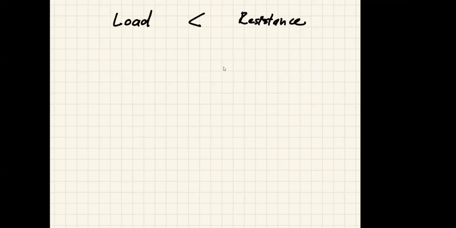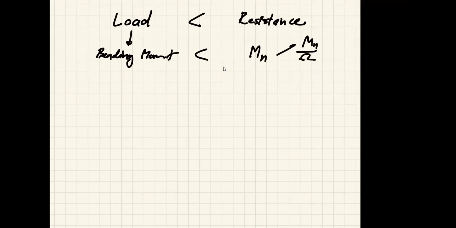But now the load will give you the bending moment. So we need to make sure that our capacity, this time the nominal moment, is always going to be greater than the bending moment that occurs, okay? If it's ASD, you have the nominal moment divided by the factor of safety, that is your design strength.